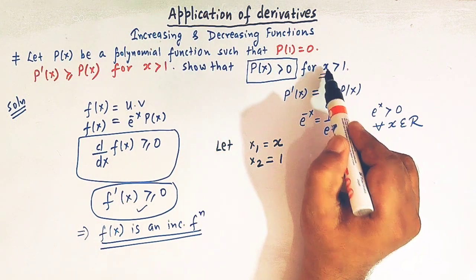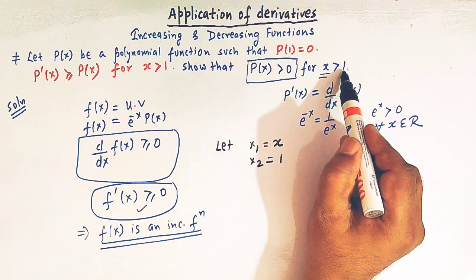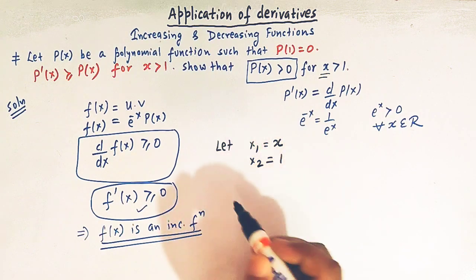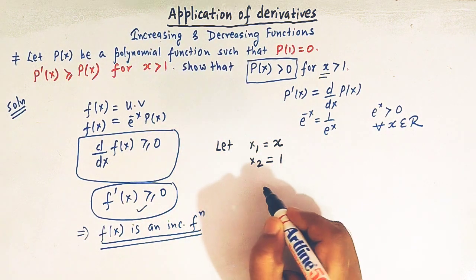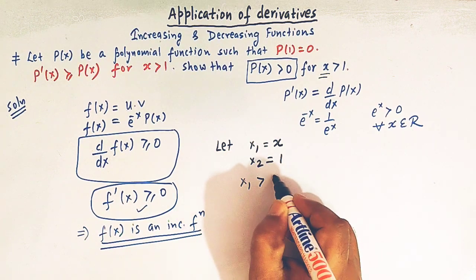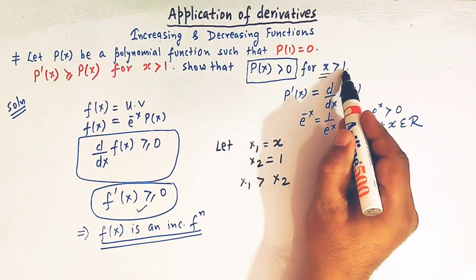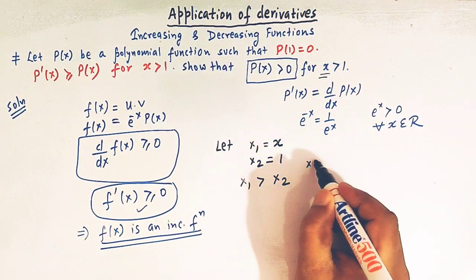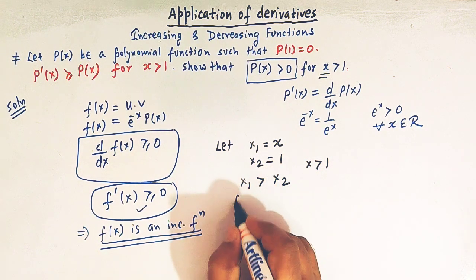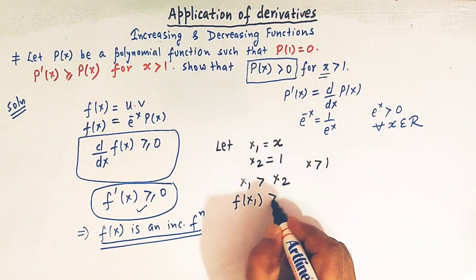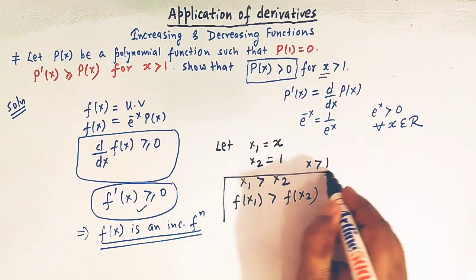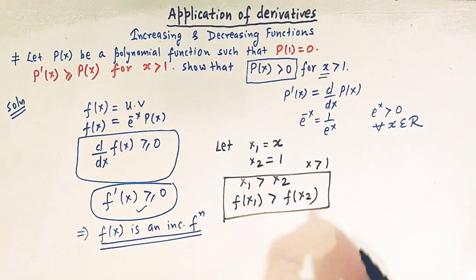So we are considering 2 points, and we know from the definition of increasing function that if x1 is greater than x2, that is x is greater than 1, as we are given, then f of x1 must be greater than f of x2. So this is another definition of increasing function.